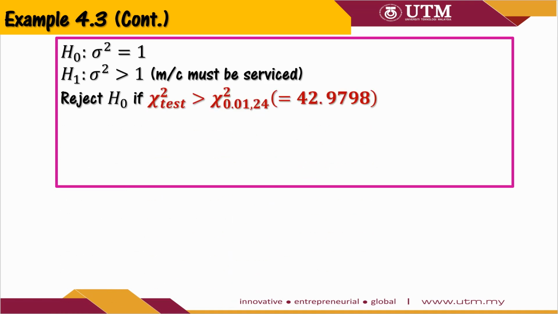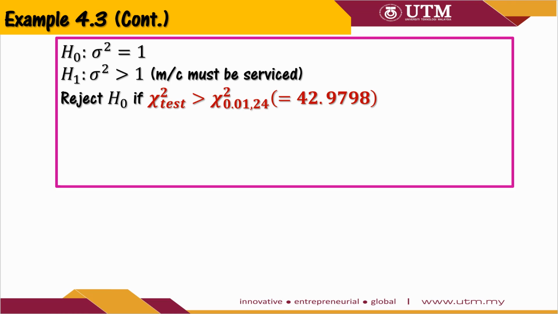Reject H0 if chi-square test is greater than the right-sided critical value, which is chi-squared alpha, nu, where alpha is 0.01 and the degrees of freedom nu is 25 minus 1, which is 24. The critical value chi-squared 0.01, 24 can be obtained from the statistical table booklet, page 36, which has a value of 42.9798.